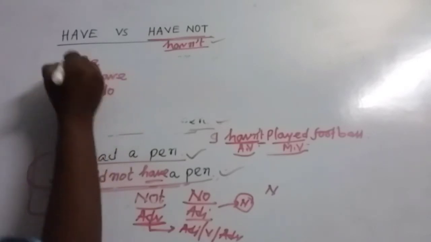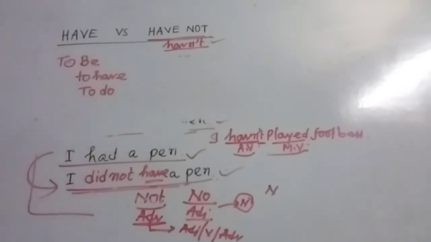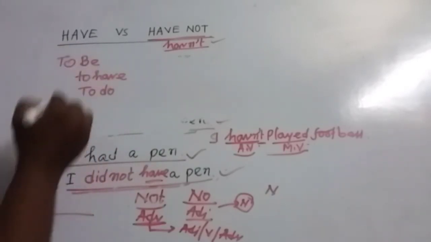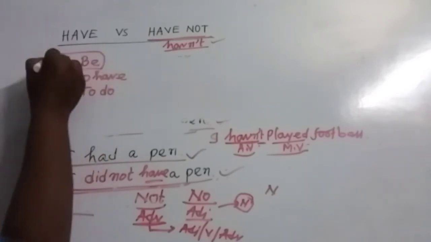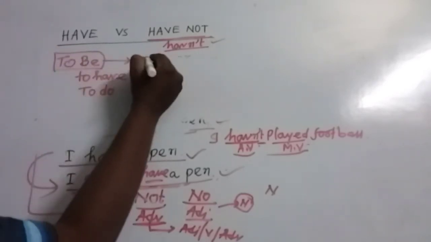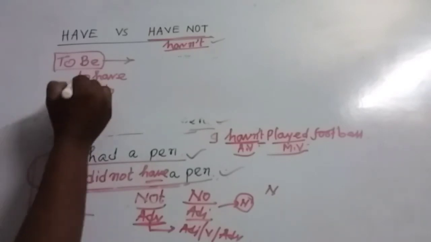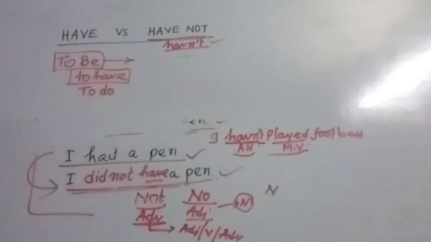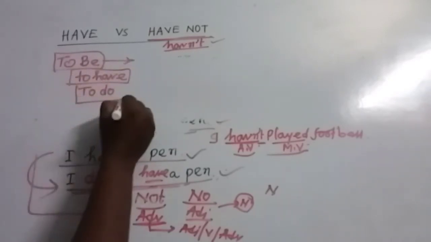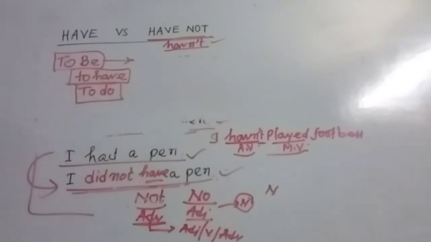To be verb, to have verb, and to do verb. To be verb is used for state of being, and to have verb is used to show possession. And to do verb is the dynamic verb, or you can say the action verb.